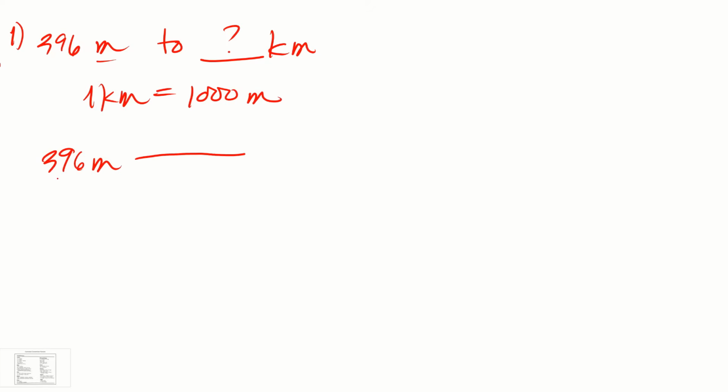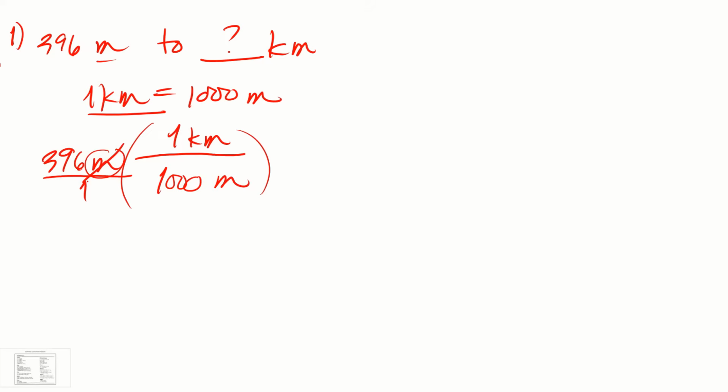Ano na yung ilalagay natin sa numerator, ano yung ilalagay natin sa denominator. If we write this as a fraction, this is 396 meters divided by 1. Since as we can see in this expression, meter is at the numerator, to eliminate this, ilalagay natin yung 1,000 meter sa ilalim, sa denominator. So we'll write 1,000 meter in the denominator. And then yung kilometer ilalagay natin sa numerator.